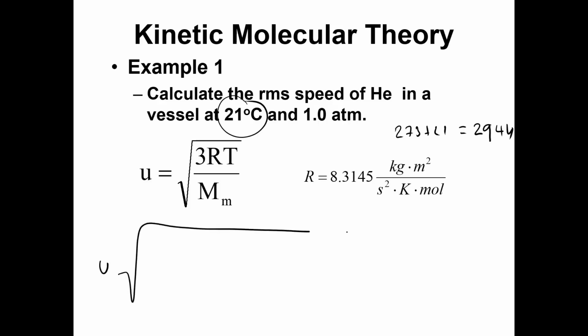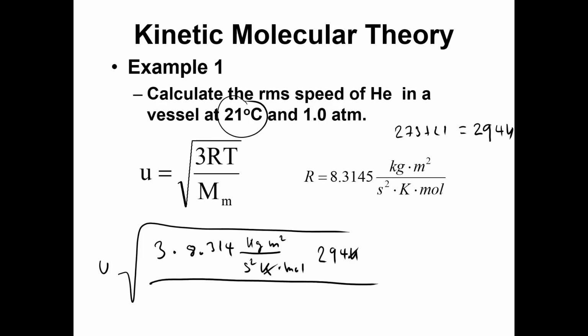So we've got the square root of 3 times 8.314 kilograms meters squared per second squared times K times mole, times that 294 K. So K already cancels, and then the molecular weight of helium is 4.003 grams.